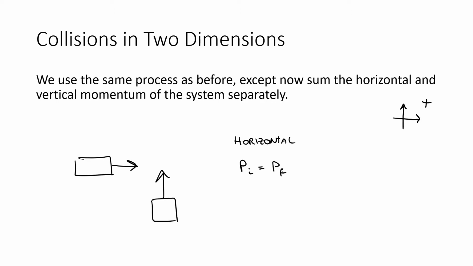We need to compare the momentum before and after. We do the horizontal case, and then we also need to remember to do the same exact thing for the vertical case.